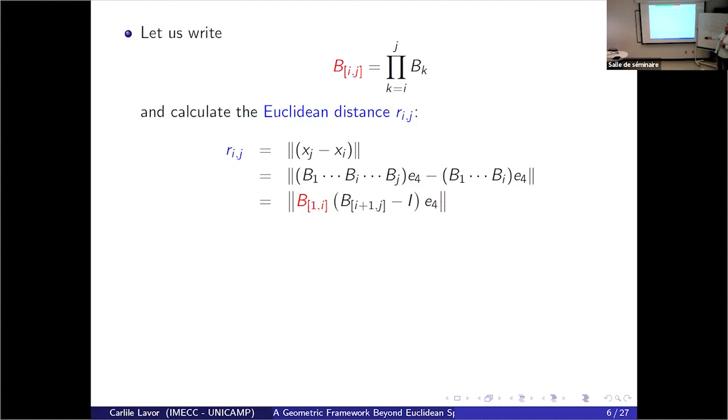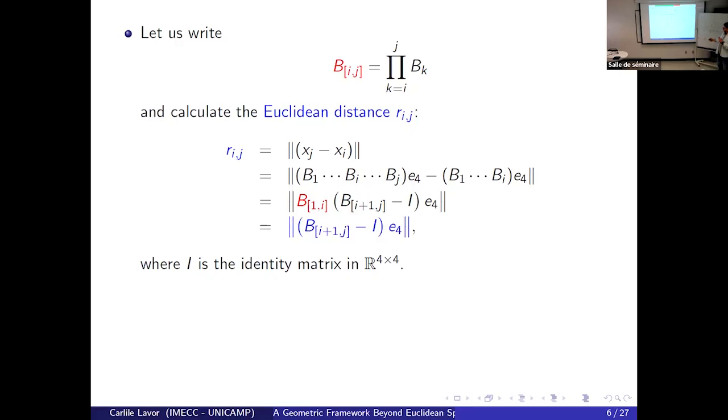Why did I put this in red? Because this is not an orthogonal matrix, so we cannot remove it from the norm using the orthogonality argument. But if we open this matrix and see inside it, in fact we can use another argument, and we can prove that we can represent the distance just using this expression.